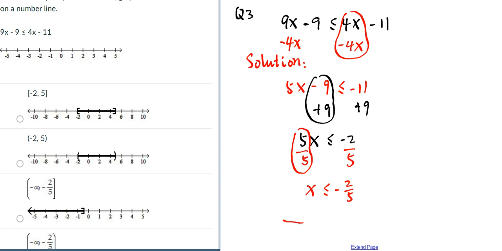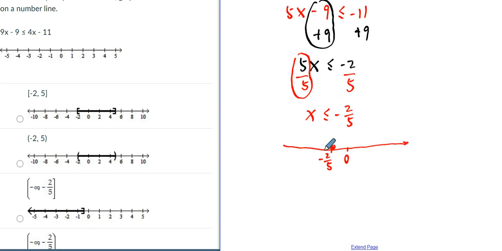On the real number line, if 0 is here, negative 2/5 might be here. There is an equal sign right here, so this one comes to be solid. All the numbers on the left will be less than negative 2/5.